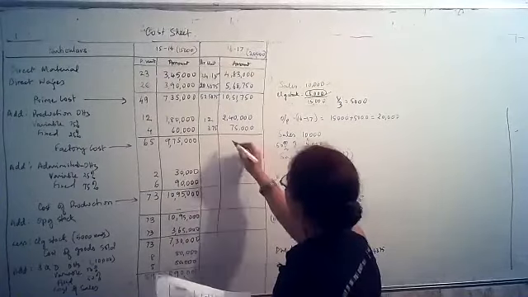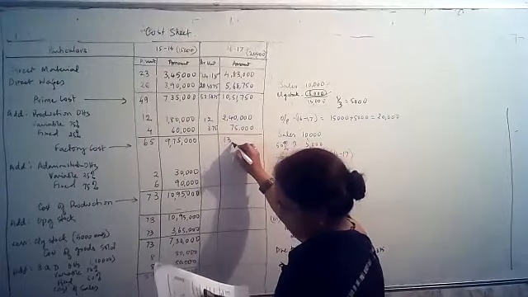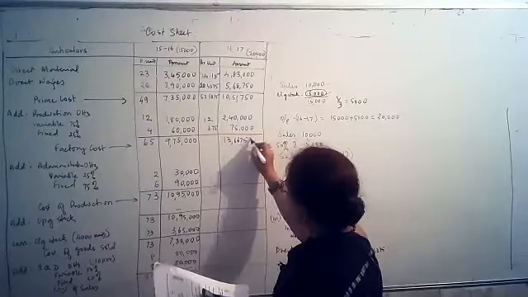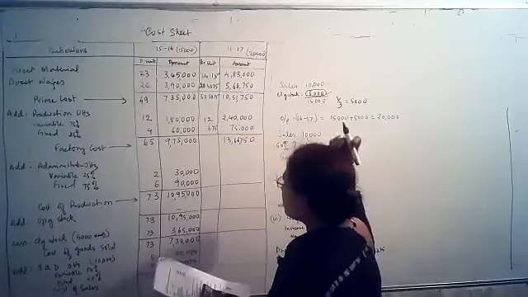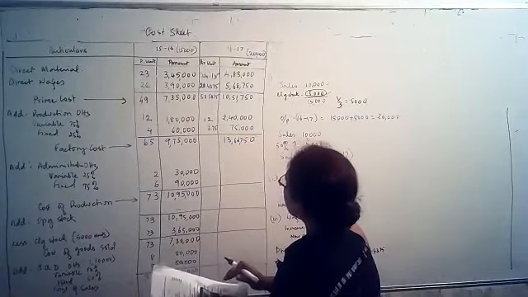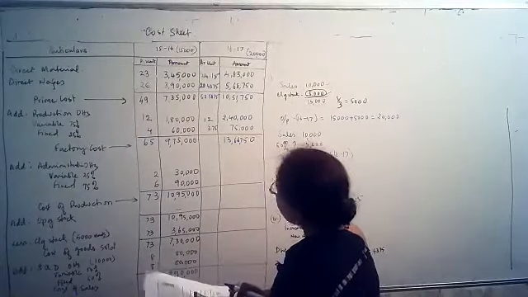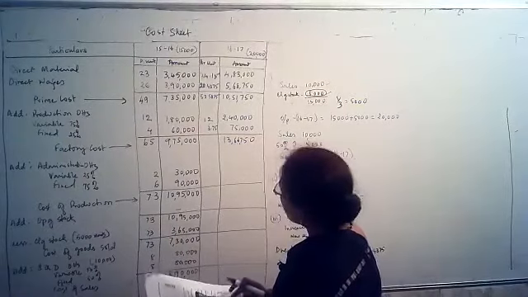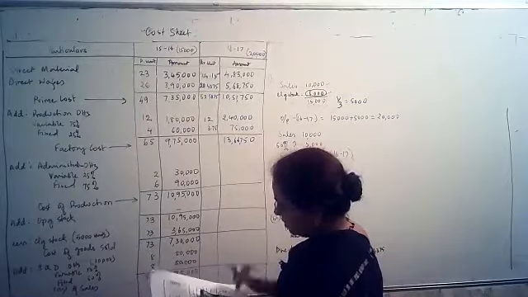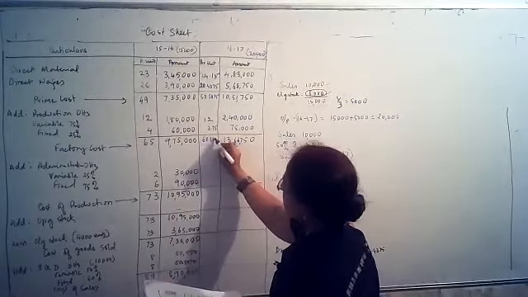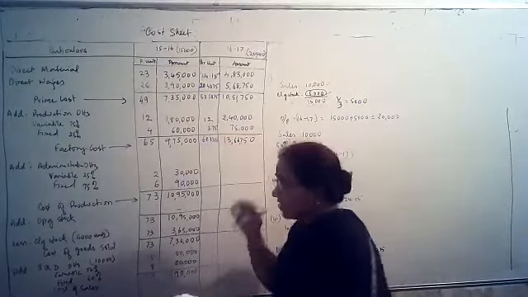So that gives me 13,66,750. Now 52.5875 plus 12 plus 3.75 gives me 68.3375. So this is my factory cost.